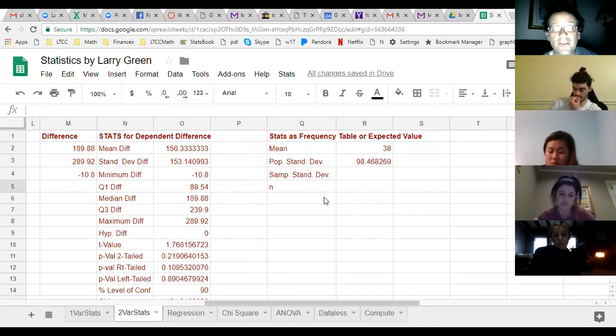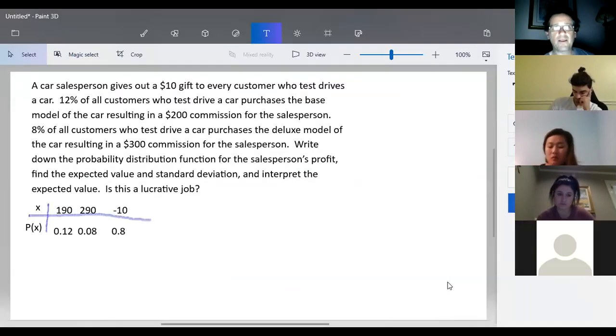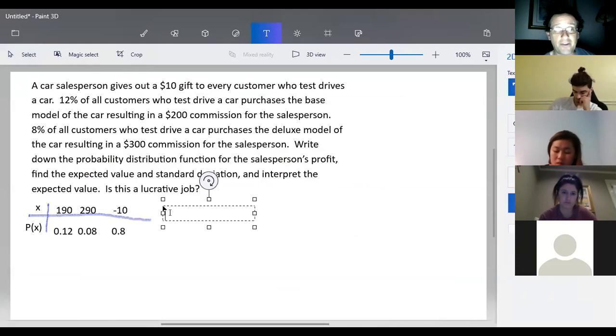Okay. So now let's interpret. Interpreting is really, really important. So we have 38 and 98, let's call it. Okay, so here we are, and it's time to write down the interpretation. First thing, we found the expected value was 38.